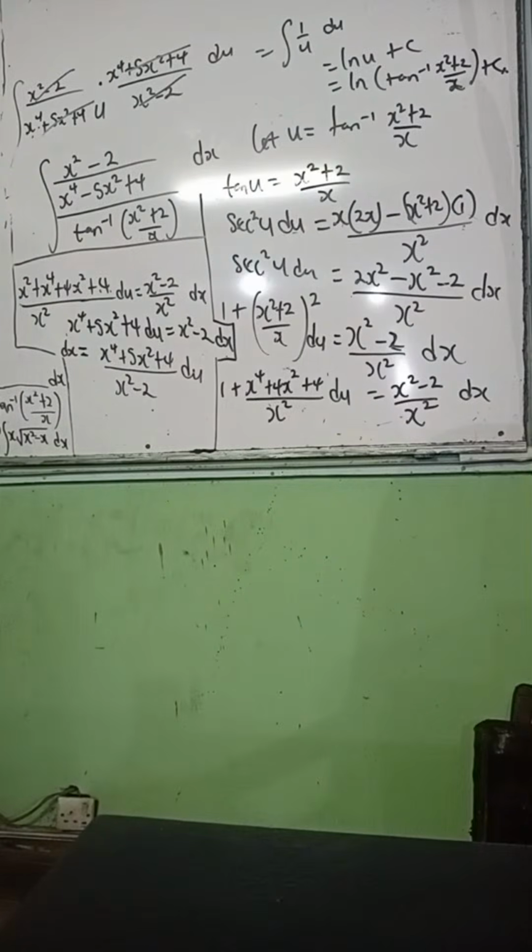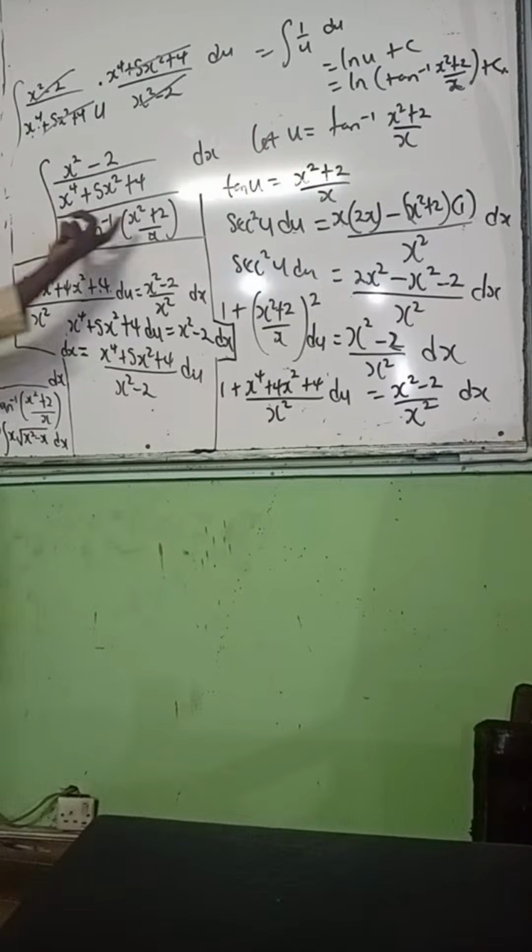Clear? Of which, if we had found dy over dx, we would have gotten x squared minus 2 over x squared. Is this plus? Sorry, I think the question is plus. Yeah, it's plus, not minus. We would have gotten x squared minus 2 over x to the fourth plus 5x squared plus 4.